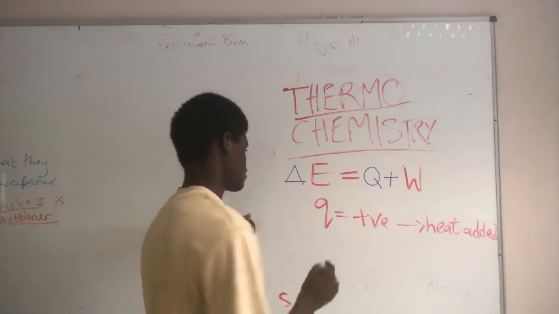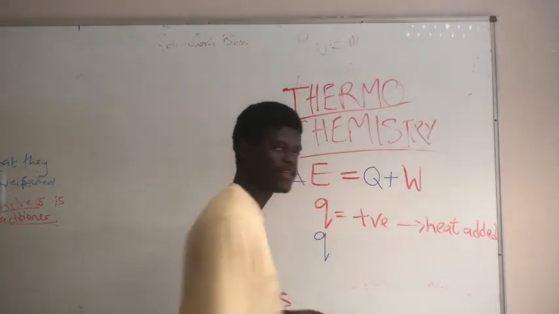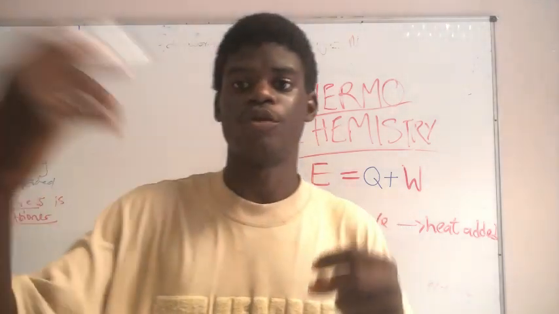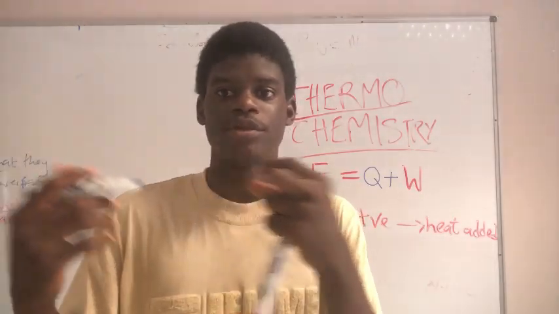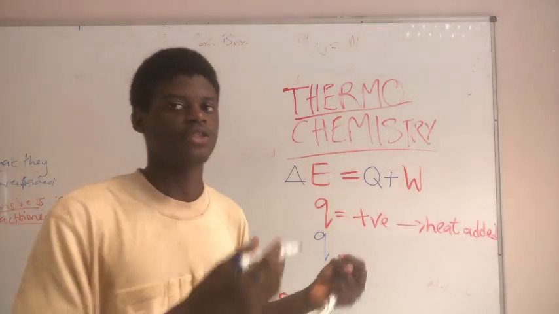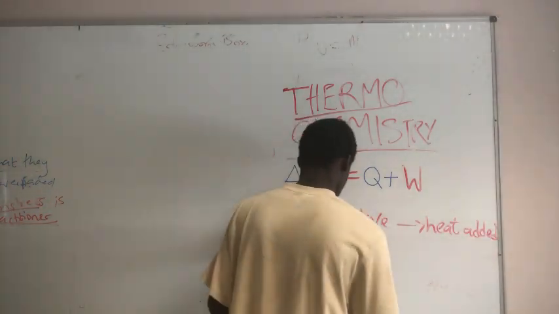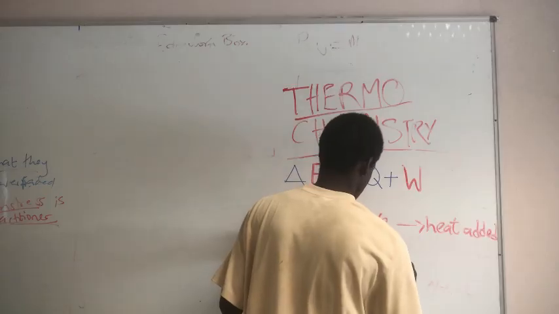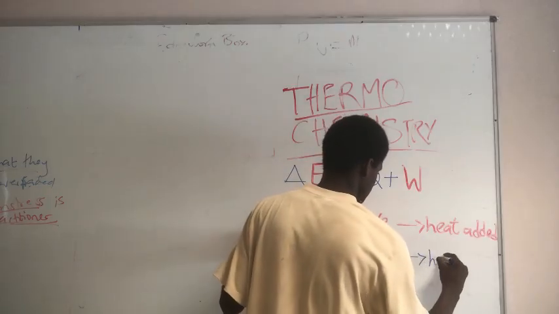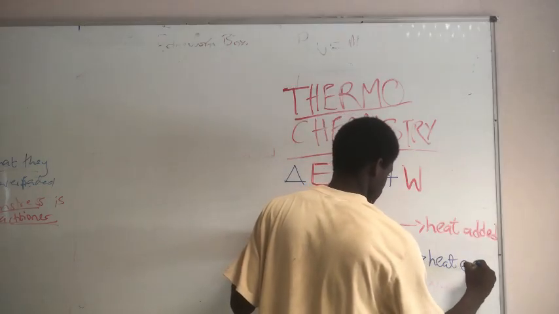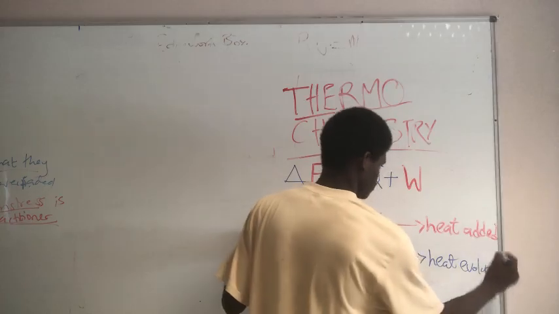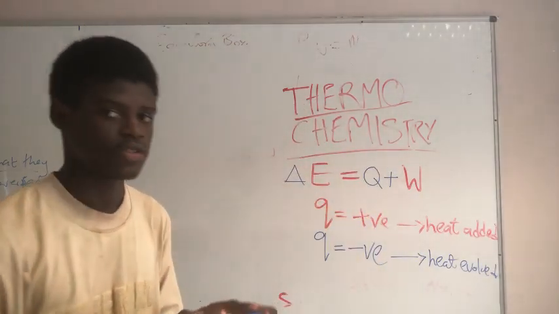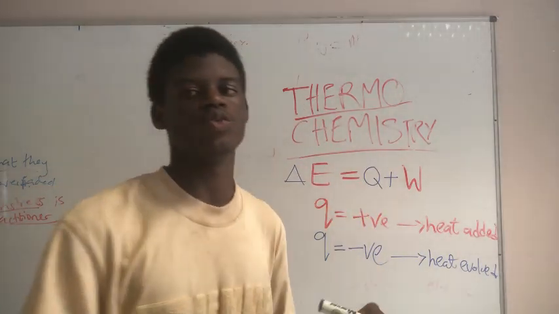If heat is removed from the system, or it is evolved, that means it comes out from the system, then Q is negative.